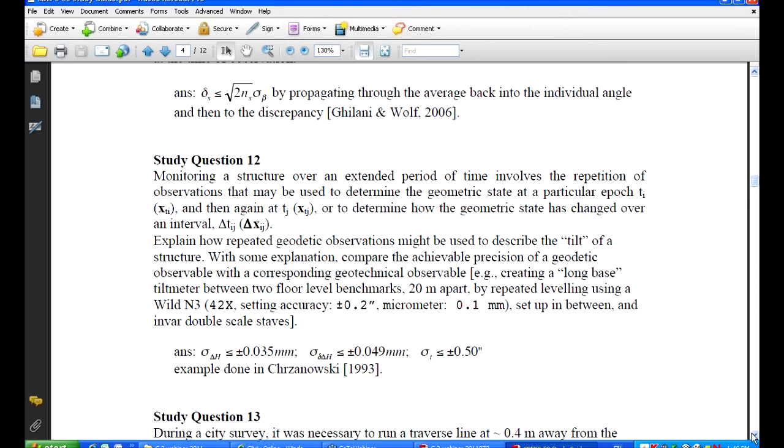We have 2 benchmarks that are 20 meters apart, so we would set up the instrument halfway between, so the length of sight is 10 meters. What sort of variation on the rod readings would we get at each end? And then propagate that into a height difference. And then this particular question in the context of engineering surveying would be, well, if it's repeated, we have another factor of root 2 coming into it.